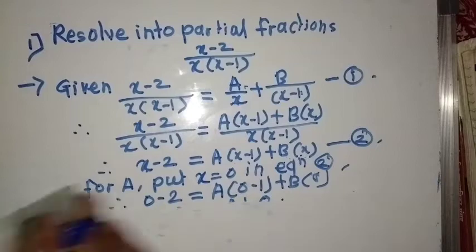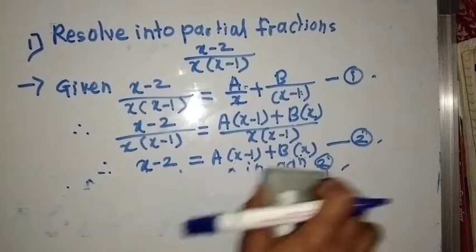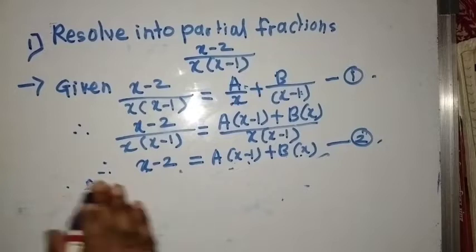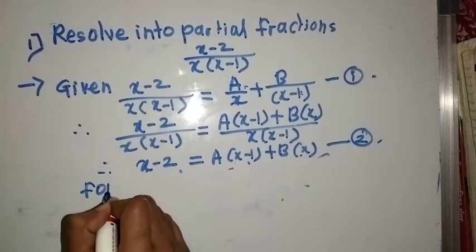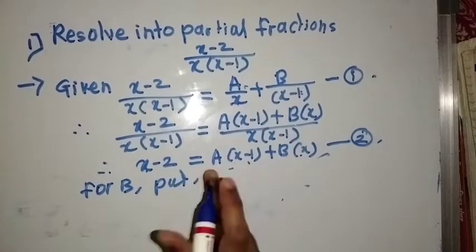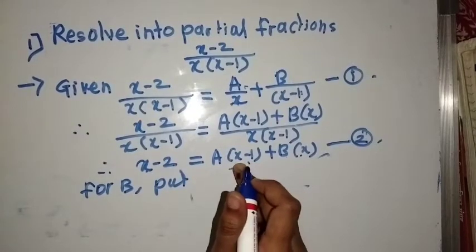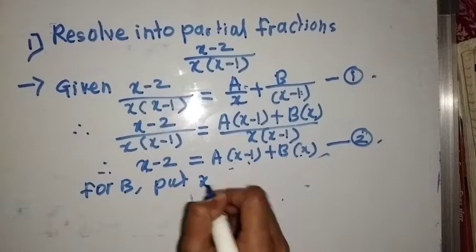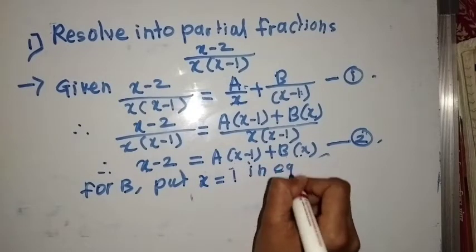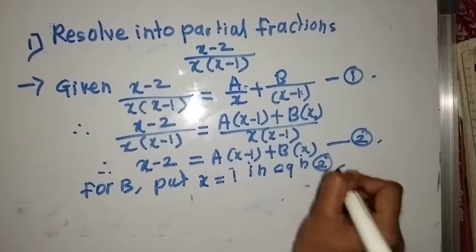Then we find B. How to find B? For B, A must become 0. For that, put x is equal to 1 in equation 2.